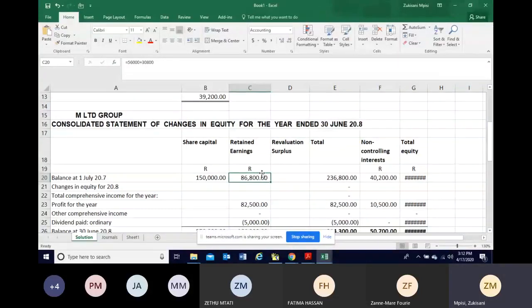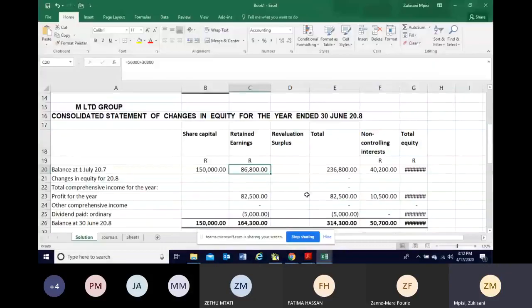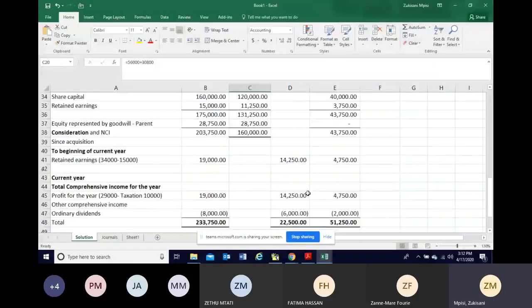Retained earnings. Remember, for retained earnings, this is how it goes. We've got retained earnings, 34,000. But now we have got to look at our analysis of equity.